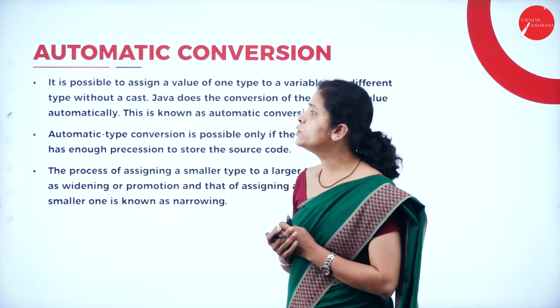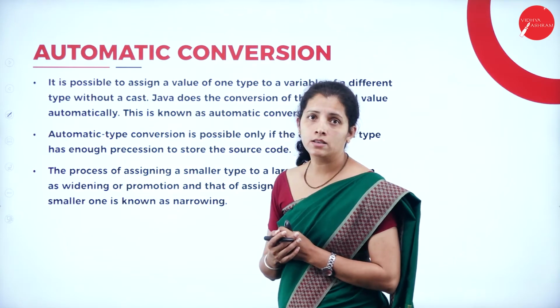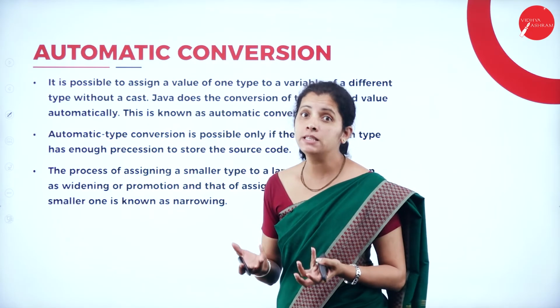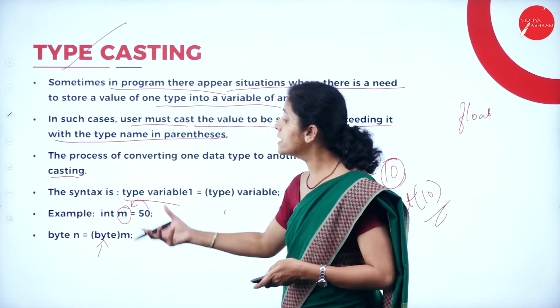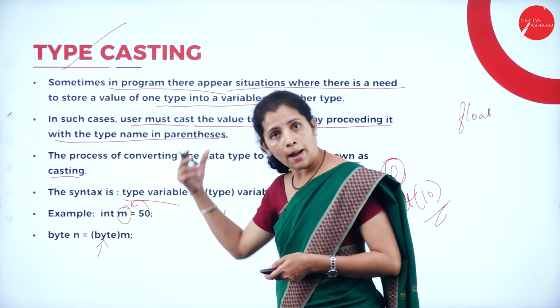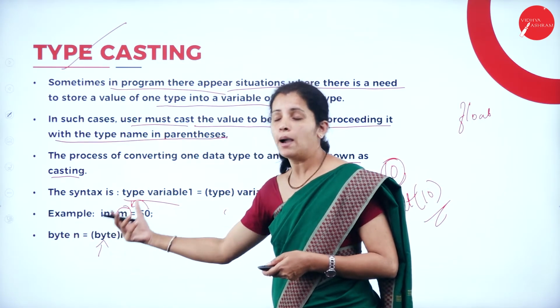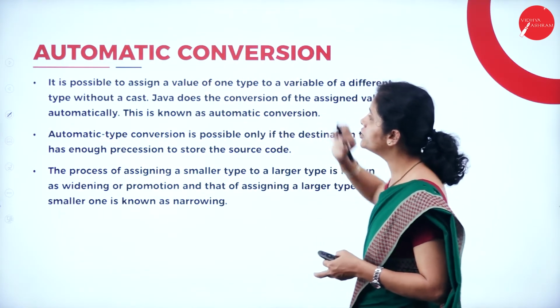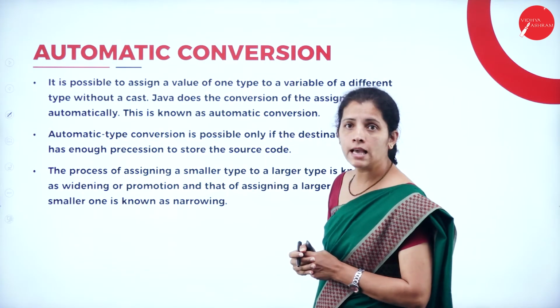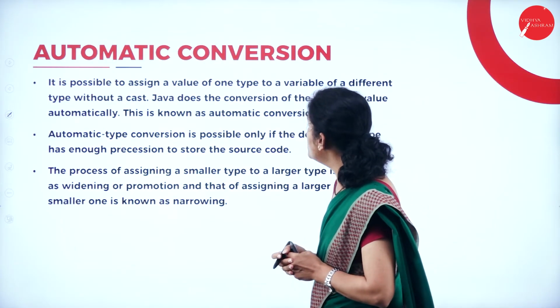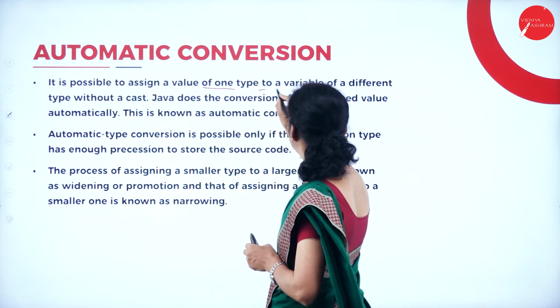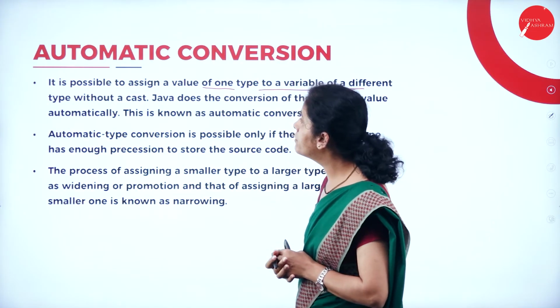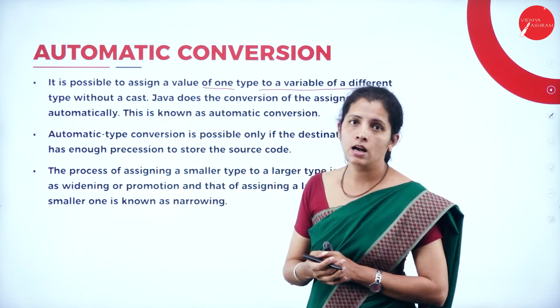Now I'm going to have automatic conversion. So what is automatic? Explicit conversion is where I make the conversion myself, but here it is implicit conversion. If I consider automatic conversion, it is possible to assign a value of one type to another different type without any cast.